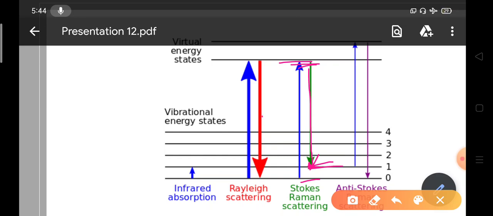Then what will happen? The incident energy it has taken will not be the scattered amount, because it will have some energy to stay here, and that energy it gets from the incident radiation. So the scattered light will have lower frequency than the incident light.